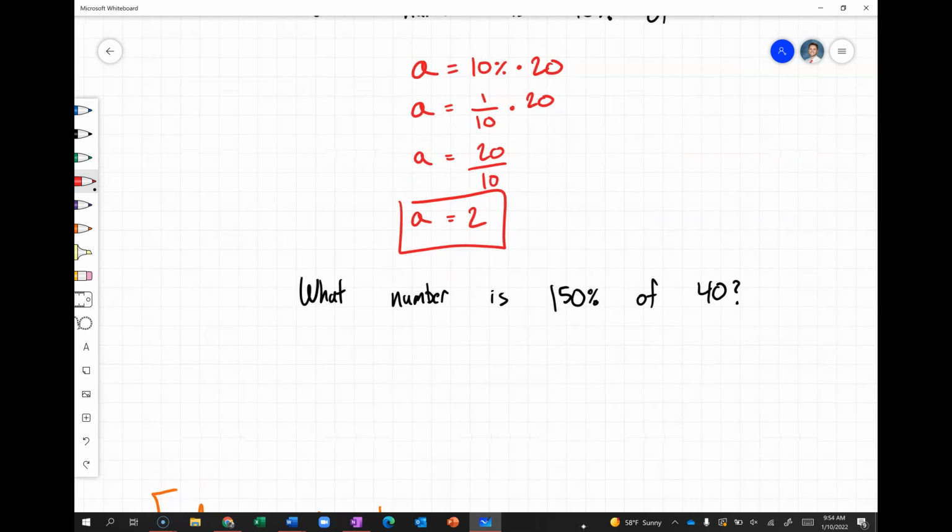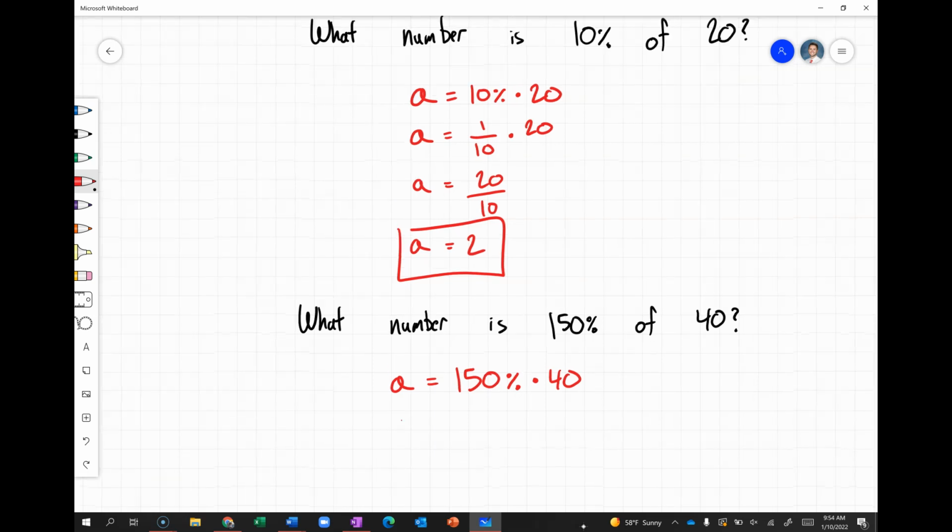Okay, and what number is 150% of 40? So A equals 150% times 40, and again we need to rewrite that percent as a fraction or a decimal. So I will do the decimal 1.5. So A equals 1.5 times 40.